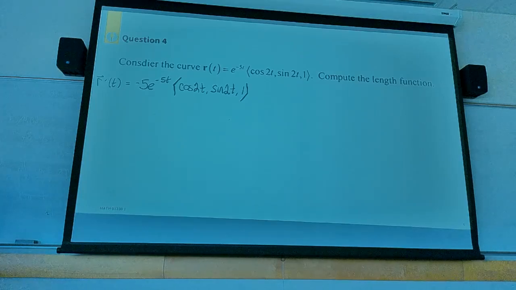Derivative of the scalar times the vector plus scalar times derivative of the vector.